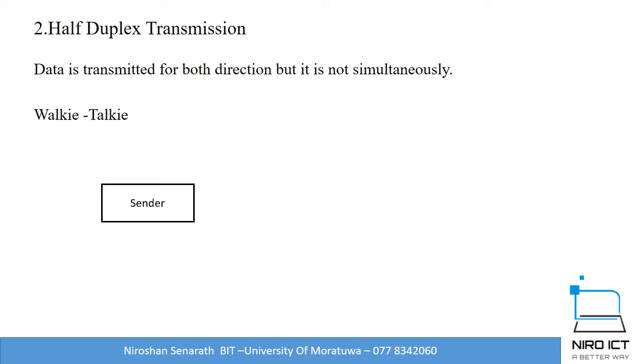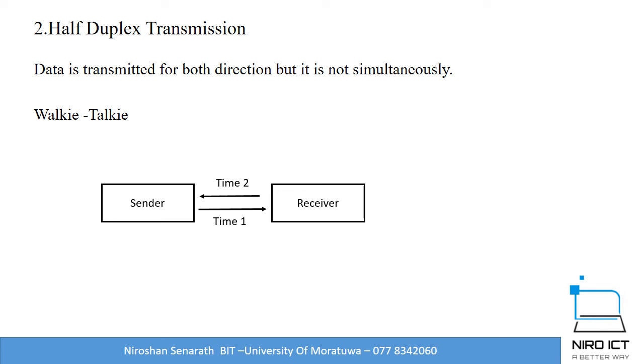This diagram represents the sender and receiver. At time 1, you can see the arrow: the sender is sending a message or data to the receiver, and at time 2, the receiver sends some data to the sender.